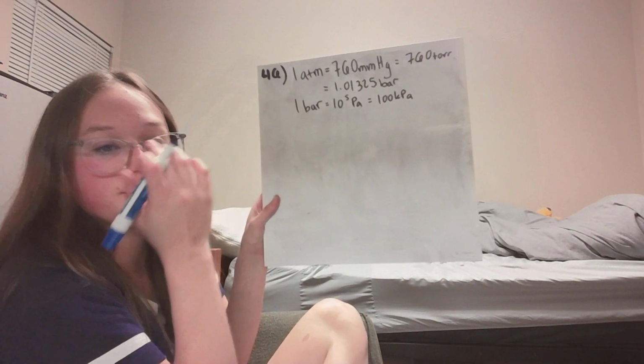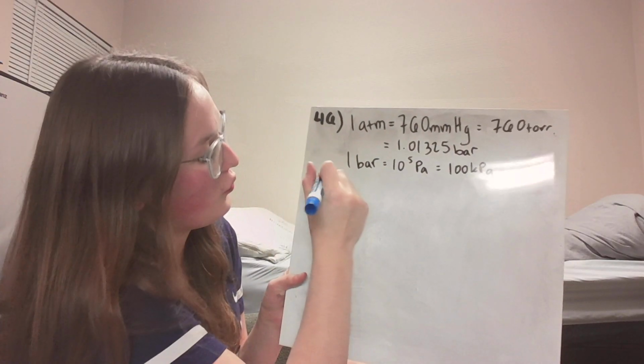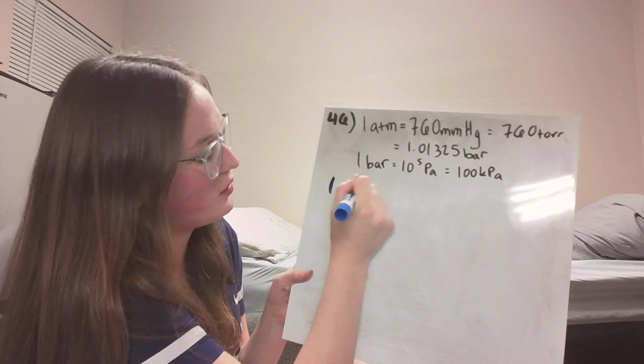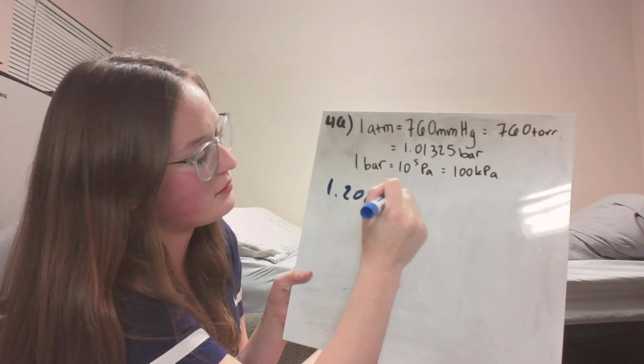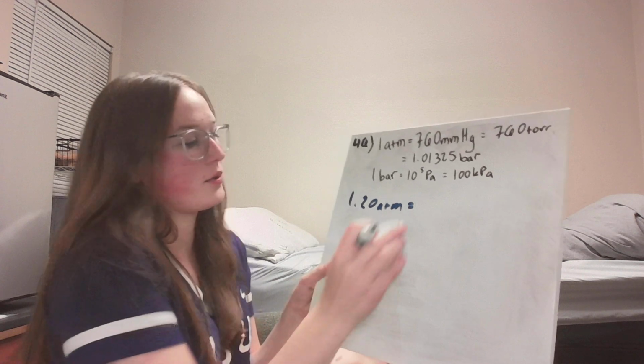So, for the first example, A, we need to determine if 1.20 ATM equals 122 kPa. Actually, I'm going to use a different, smaller marker because that's kind of hard to see, and I want y'all to be able to read this.